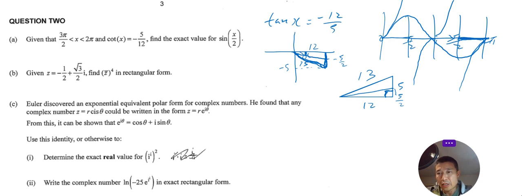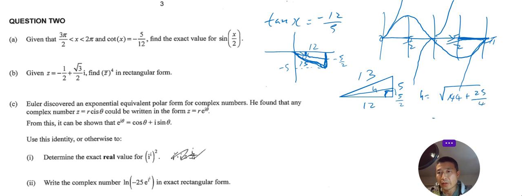So what is it? Say this h equals square root of 12 squared, which is 144, plus 25 over 4.